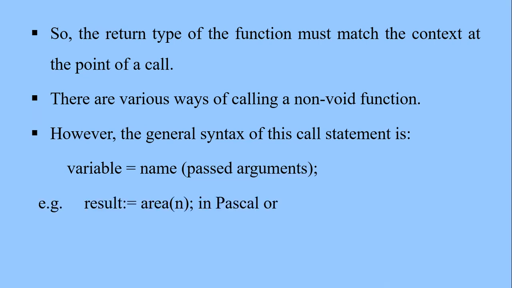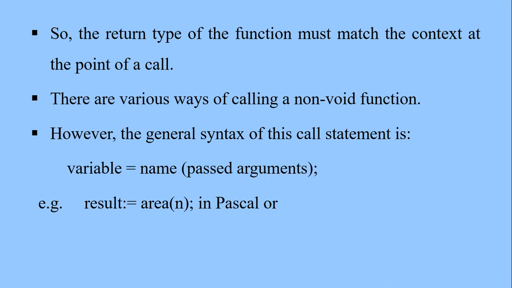For example, this statement can be read as follows in Pascal. This is a call statement invoking the function called area, in other words, requesting the function called area to perform a certain task.